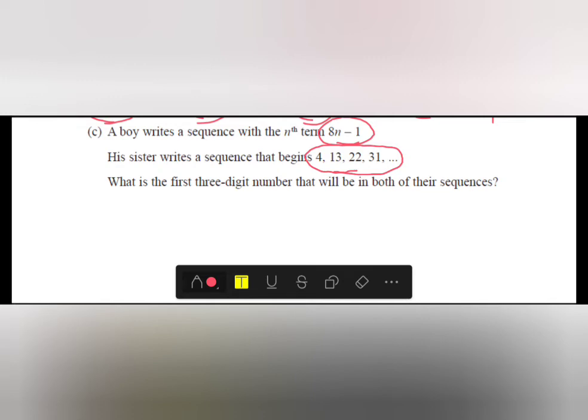So here we have two sequences. This is sequence number 1, and this is sequence number 2. And we need the first three-digit number that will be in both sequences, in both of their sequences. So basically, finding one of them will be enough. You don't have to find both of them, because he said here in the question, what is the first three-digit number that will be in both of their sequences?